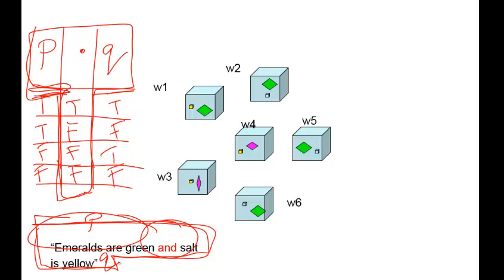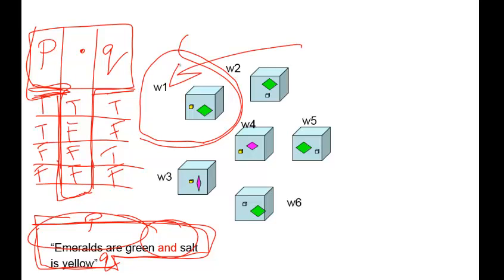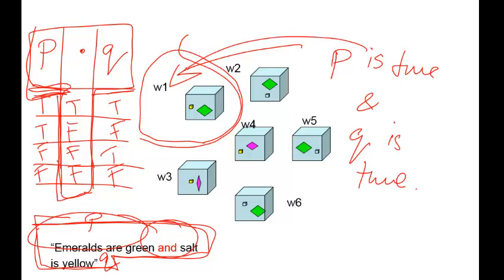Once we inspect them, we see that it's only here that that's the case. So it's true here and it's false here. Now, why is it true here? It's true because P is true and Q is true in this case, in world 1.